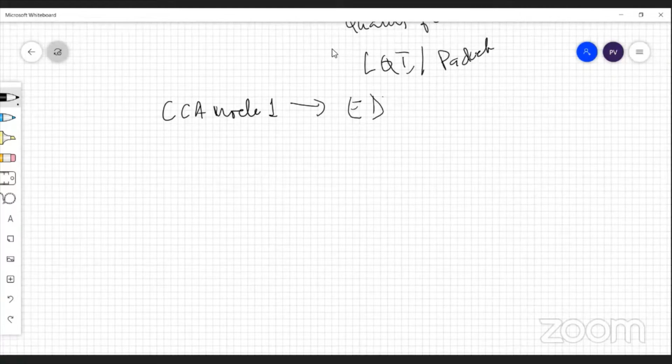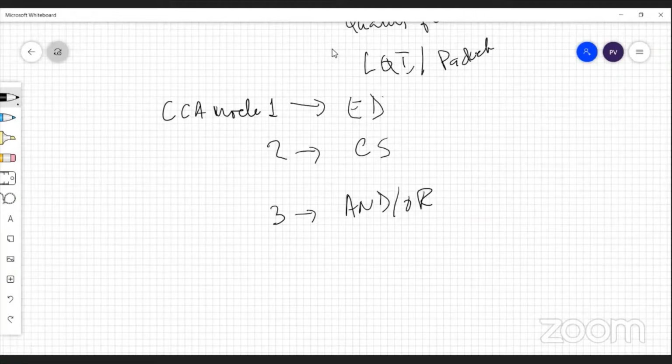In CCA mode 2, you do carrier sense. Quite simple, because we learned that just now. So you consider only CS. In mode 3, it can be an AND or OR of ED and CS. Again, pretty straightforward. I think the flexibility of this AND or OR is actually given to manufacturers.